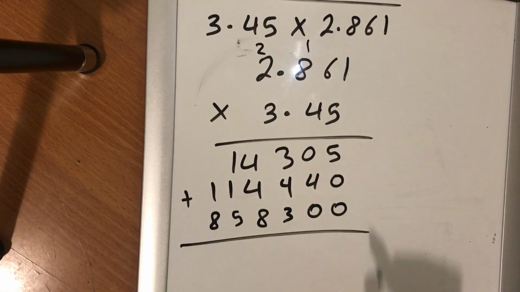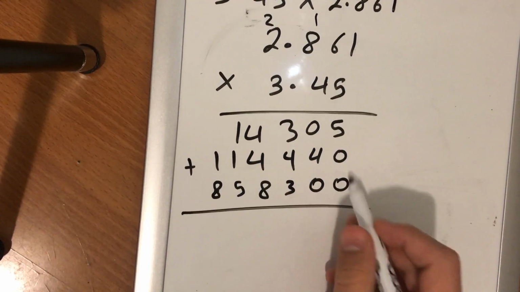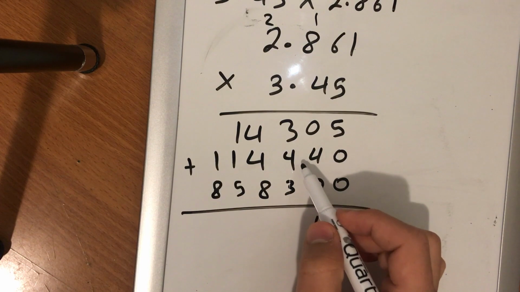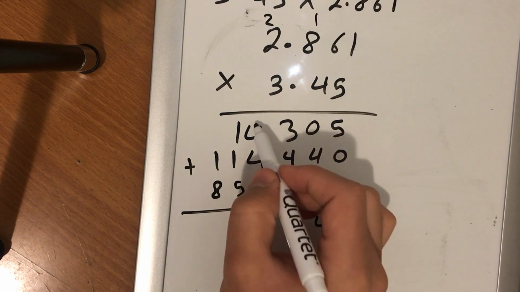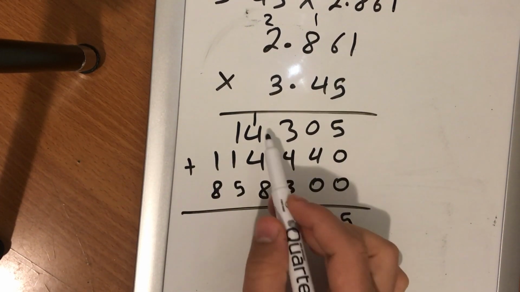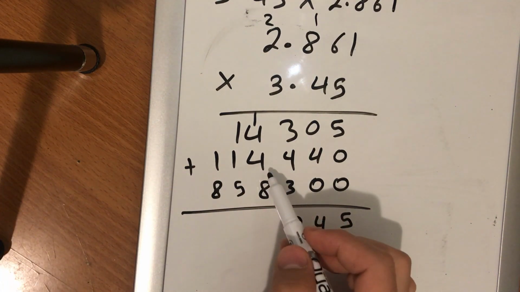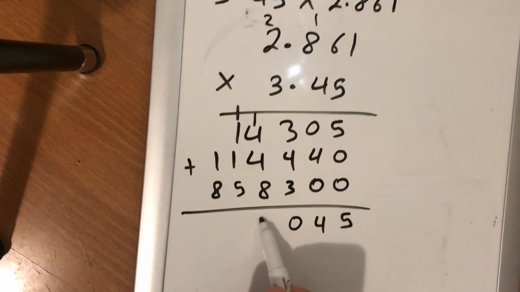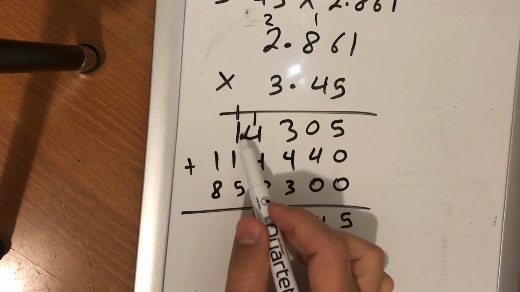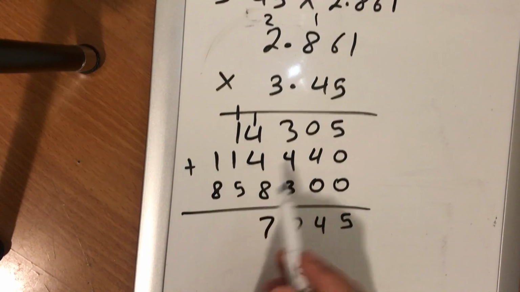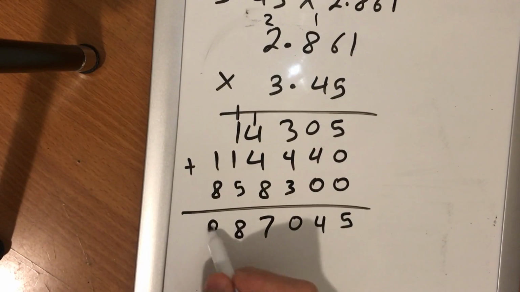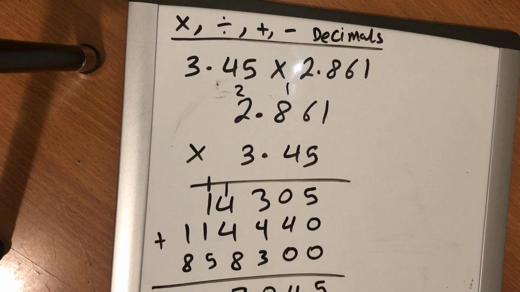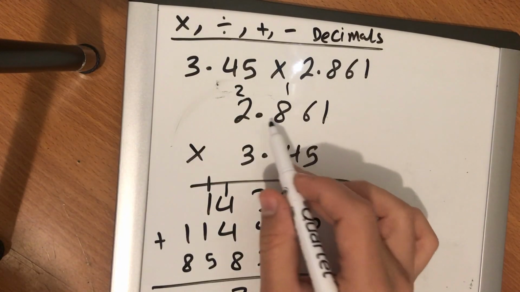Let's add all of them. 5 plus 0 is a 5. 4. 3 plus 4 is 7. 7 plus 3 is a 10. 1 plus 4 is 5. 5 plus 4 is 9. 9 plus 8 is 17. 1 plus 1 and another one, that gives you 3, plus 8 is 5. 1 plus 8 is 9. Let's now go back and count how many numbers we have after the decimal in each number.